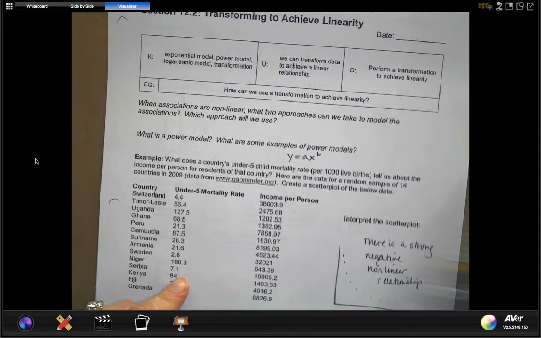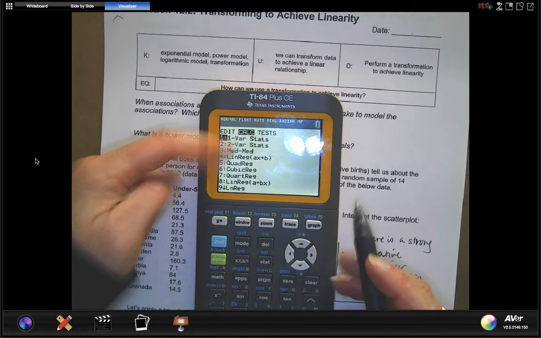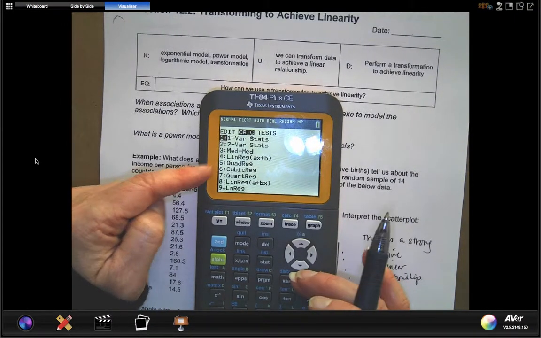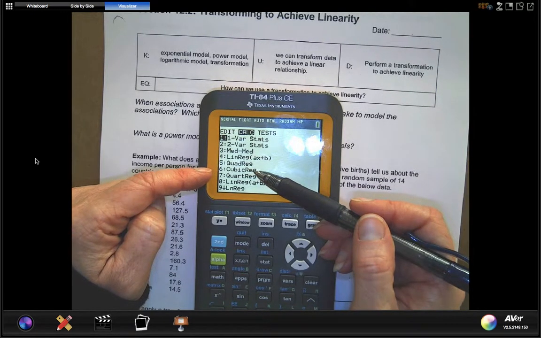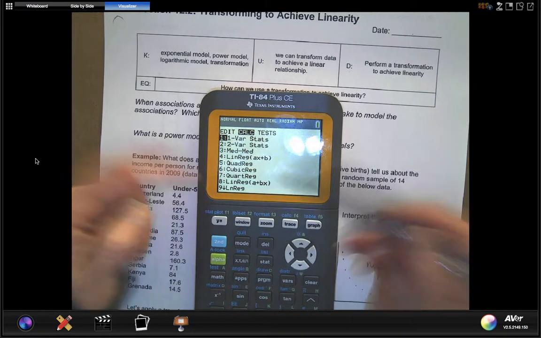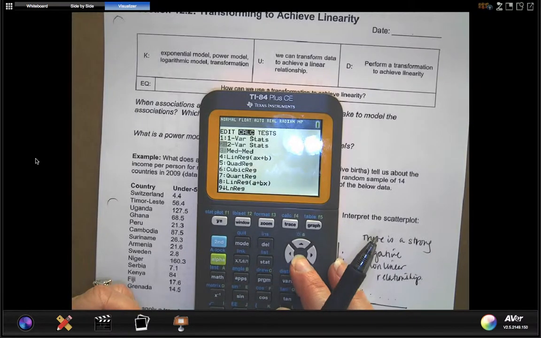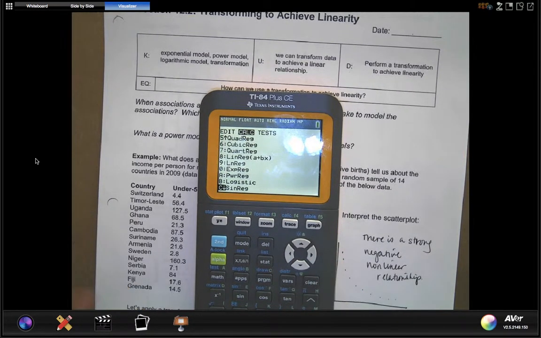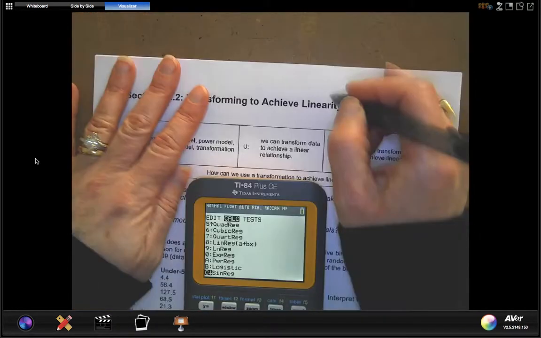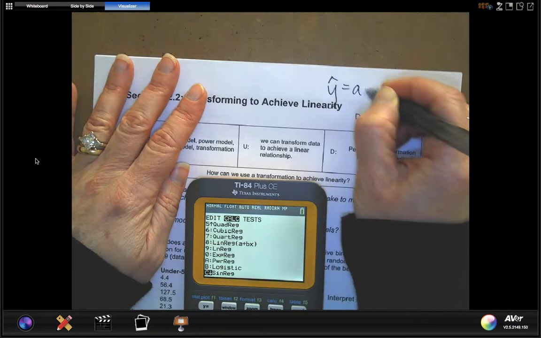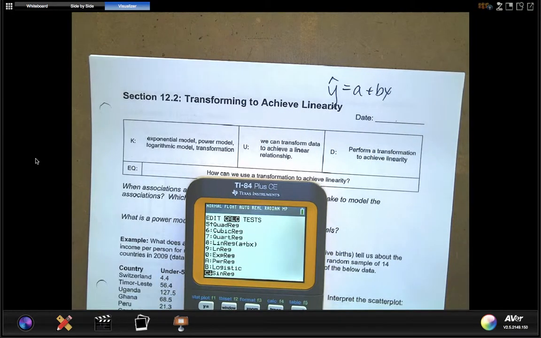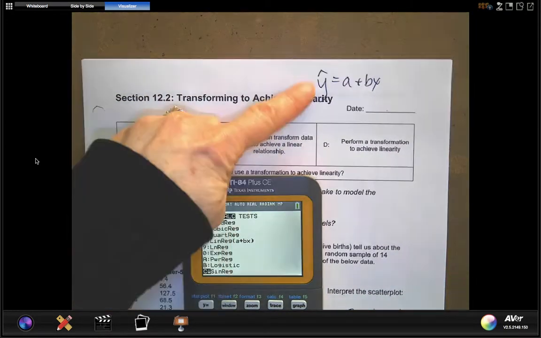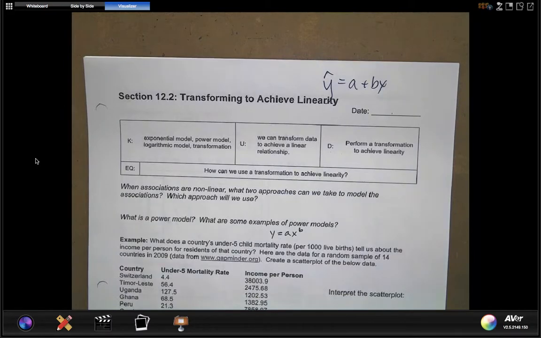One choice is that we could go through the list of regression options we have and pick one of the other regression options: quadratic, cubic, quartic, whatever. The other option is we take the data that we have and we transform it so we can still use this form of an equation that we had previously. We're going to take the approach of transforming, so we can still use our old familiar equation.